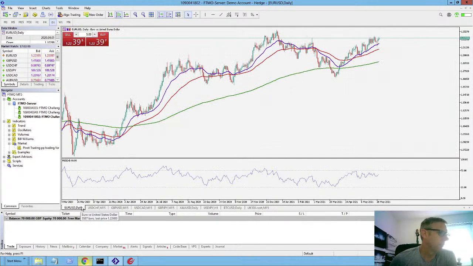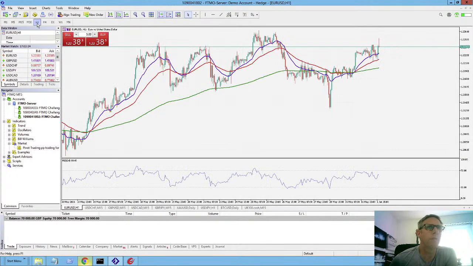Taking a quick look at the euro dollar, we can see that price has been very bullish over the past couple of weeks. It's a daily chart, tracking up nicely, and there's potentially a lot more of this to come as a buy. Looking at the lower time frames, going down to an hour, we're seeing a bit of a sell-off in the past hour, but the overall trend direction is up, so I'm not looking to get on this one right now.